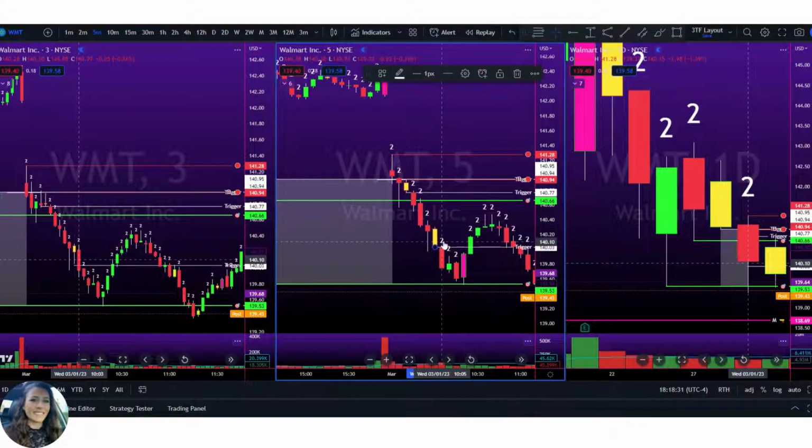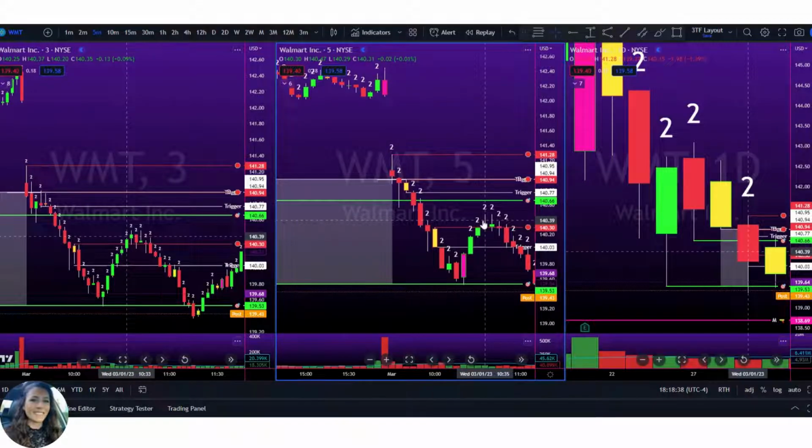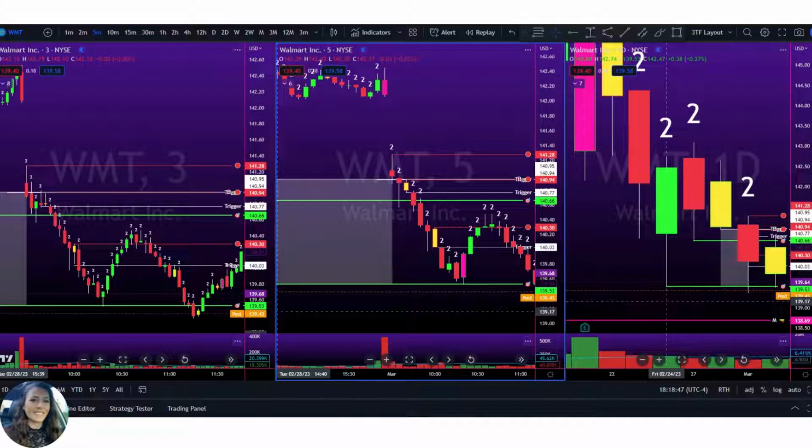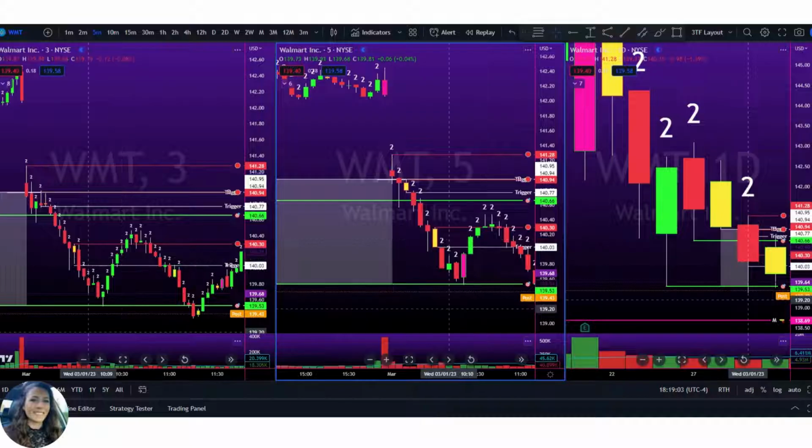We get another 2-1-2 down. 2 down, 2 down, 2 down, boom, final target hit. And then look at that rally away. So that's why we teach and train you guys to always exit at your main targets, because this happens after that, because that's smart bears closing their positions and covering, and they have to buy to close.